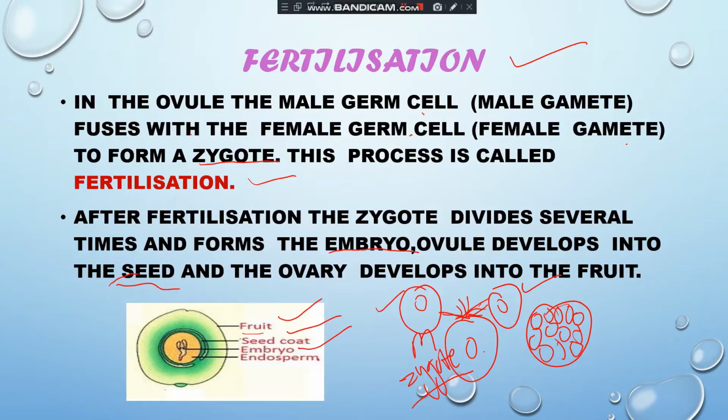After fertilization, this zygote divides several times and forms the embryo. So what are the changes after fertilization that take place in the ovary or in the flower of the plant? The ovary converts into the fruit, the ovule converts into the seed, and the zygote converts into an embryo, means a baby plant. So if you are eating an apple, actually you are eating the ovary of an apple flower.